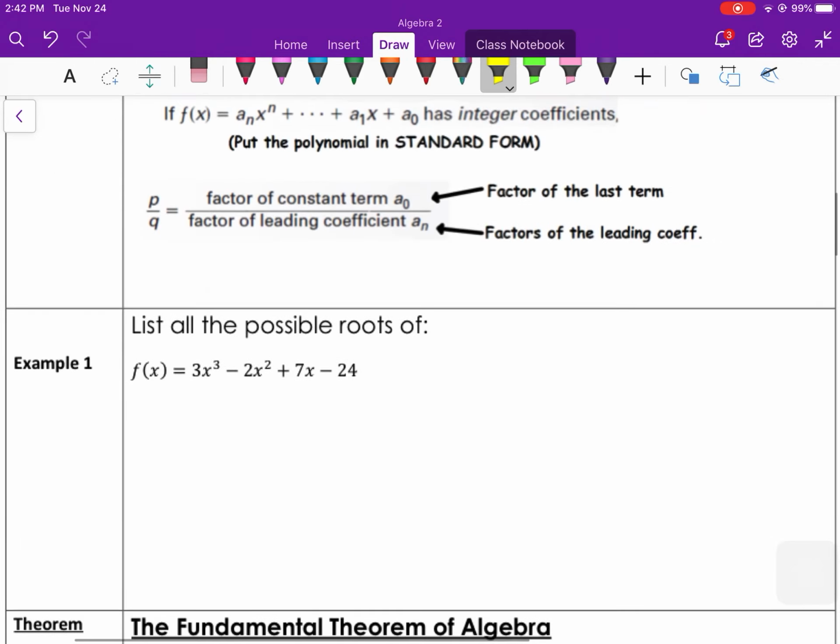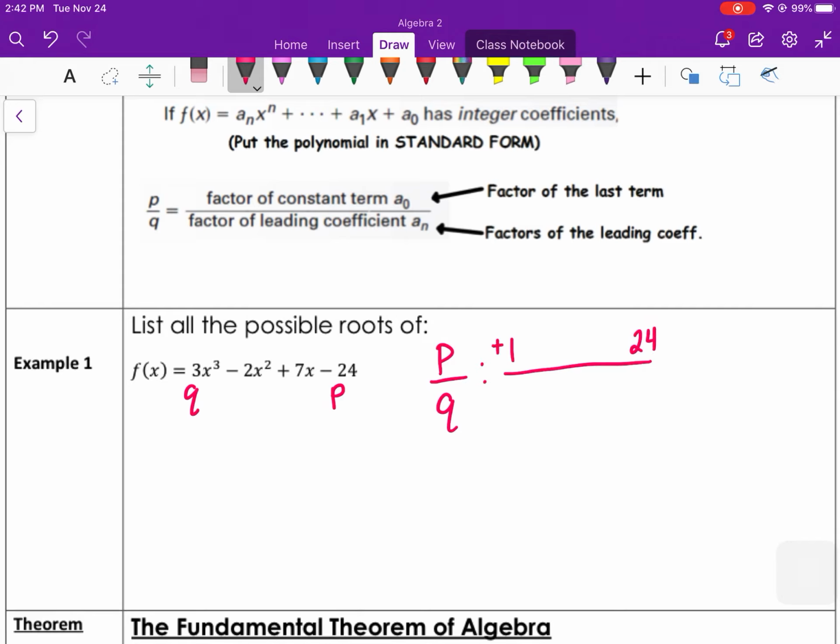So here, P is going to be our negative 24. That's our constant term. And then our Q is going to be our leading coefficient. So our factors of negative 24: you can multiply to get 24 by taking 1 times 24, or negative 1 and negative 24.